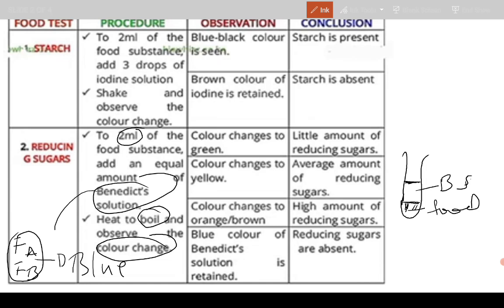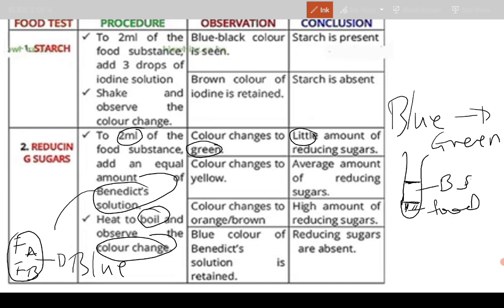All right. So there are 4 possible observations that you can make. If the color changes from blue to green, it means there is only a little amount of reducing sugar. So blue going to green indicates that there is a monosaccharide, a reducing sugar, but in a small quantity.